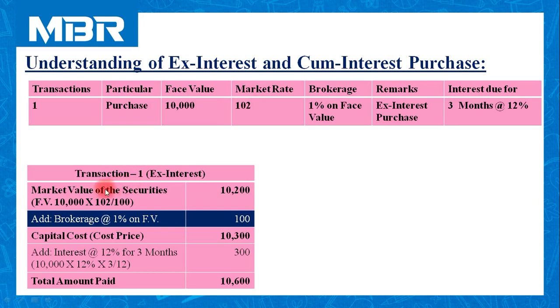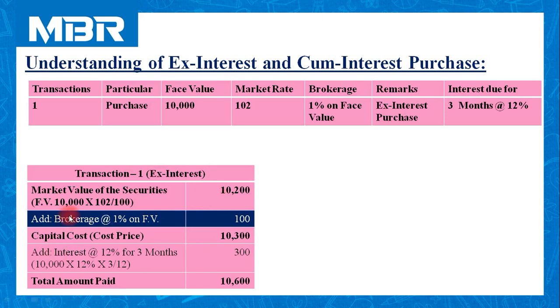It means the market value of the security, when you are purchasing from the market, is 10,000 rupees given over here, multiplied by 102 market rate divided by 100. As I said, 102 per 100 rupees. So it is 10,200.